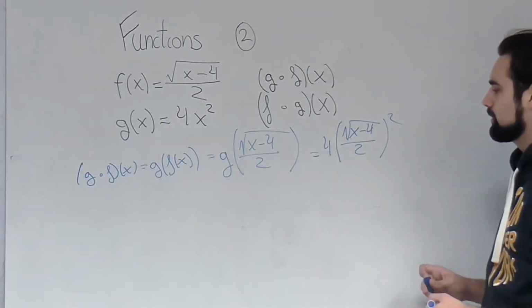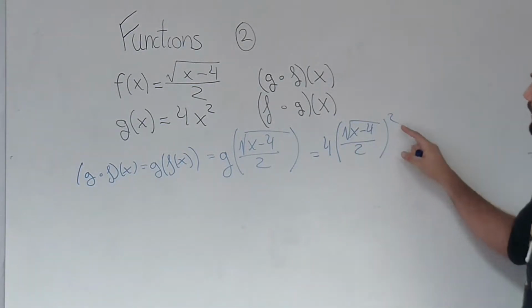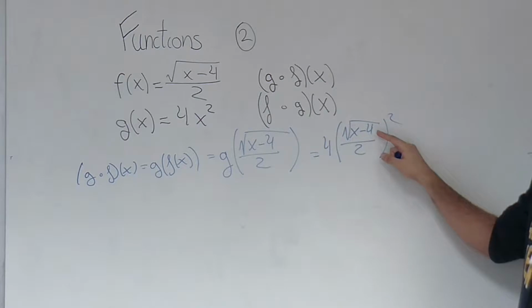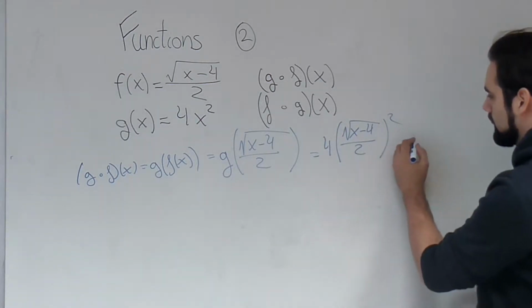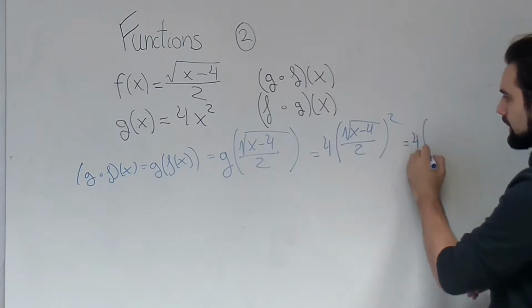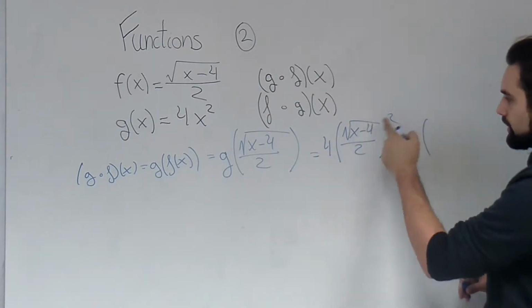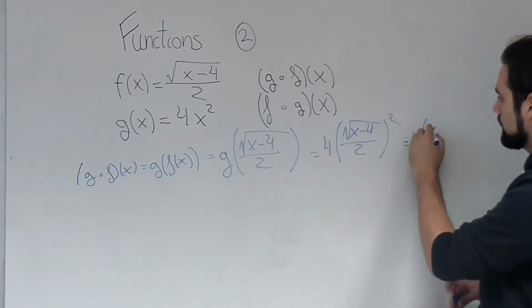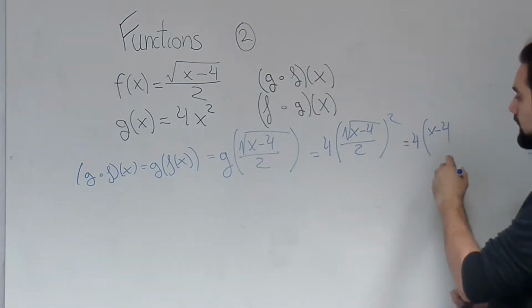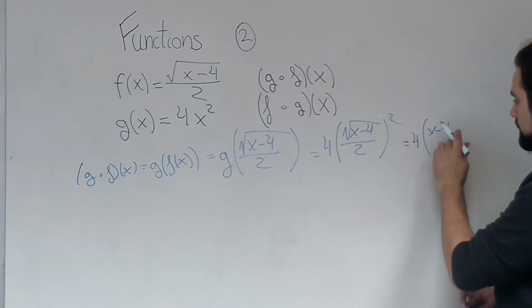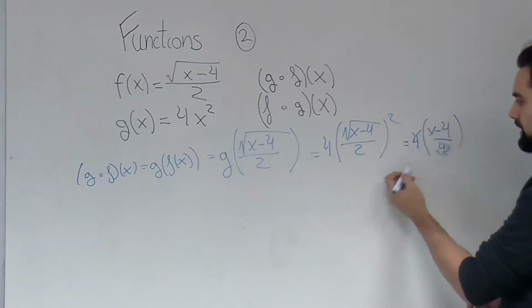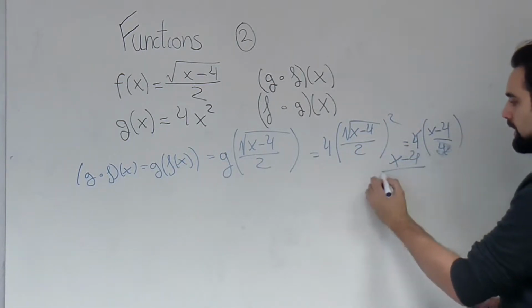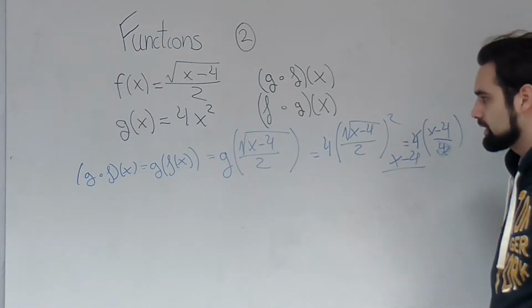And then you will notice that if it's squared on a fraction, it will be squared both here and here. So it's the same as saying 4 times this part over here squared, so the square root cancels out, x minus 4, and then it's divided by 2 squared, and then 4 and 4 cancel out. Therefore, x minus 4 is the answer to this exercise.